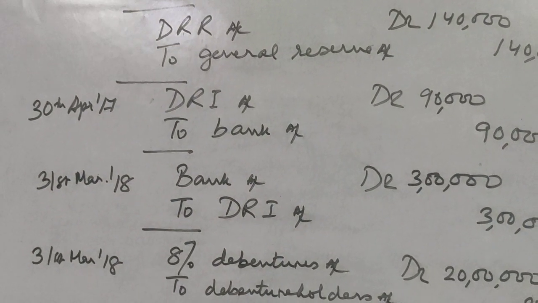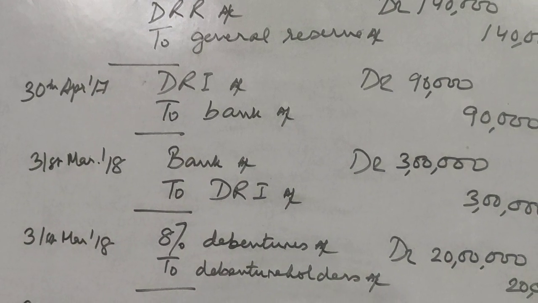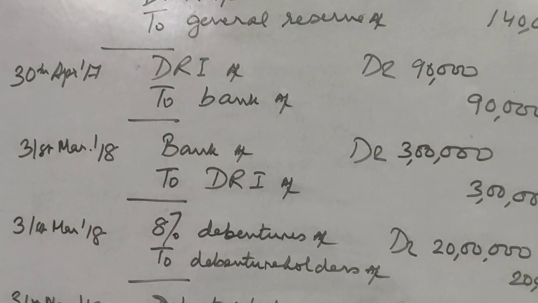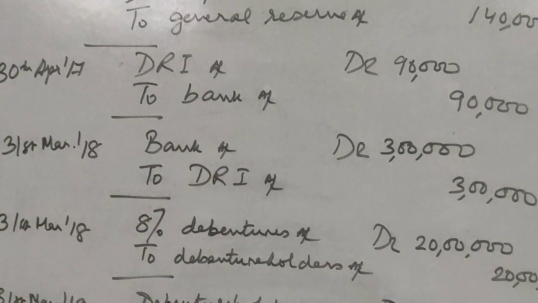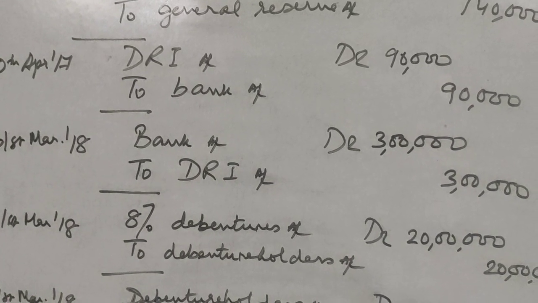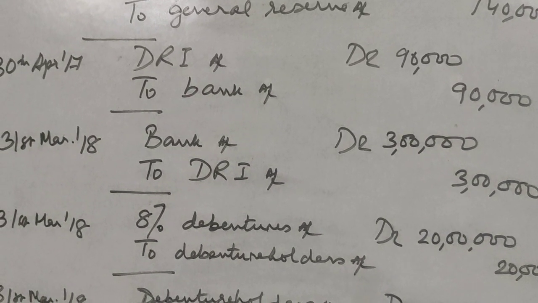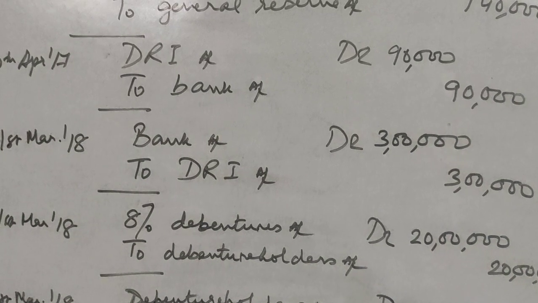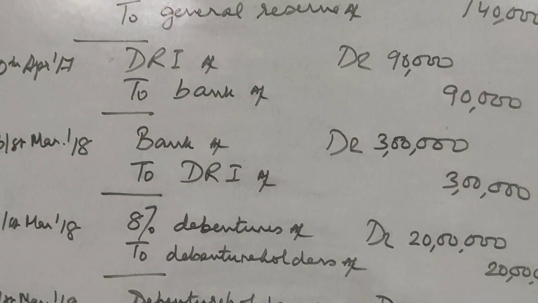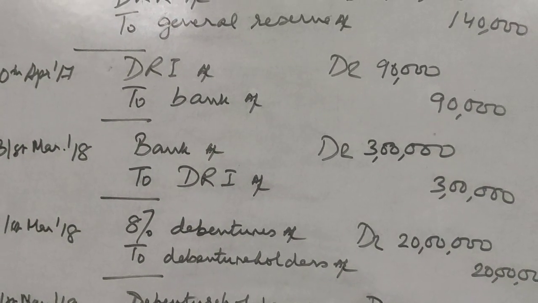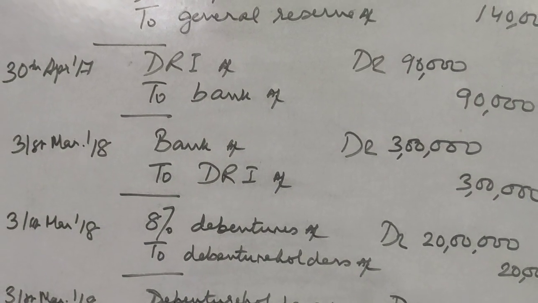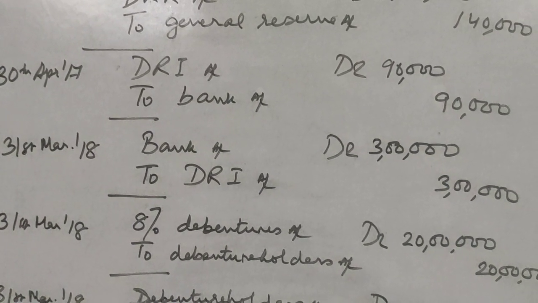Then on 31st March 2018, now we don't have any more debentures outstanding, neither do we have to redeem any more debentures. So whatever investment we have made, a total of 3 lakh, that we will sell off. So on 31st March 2018, first we will sell off that investment.